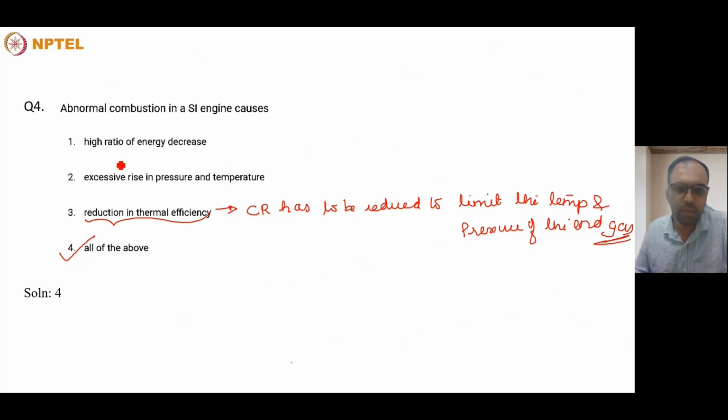Because of the presence of abnormal combustion, the temperature and the pressure increase inside the cylinder. The compression ratio has to be reduced to limit the temperature and pressure of the end gas, and it also has a comparatively high rate of energy decrease.